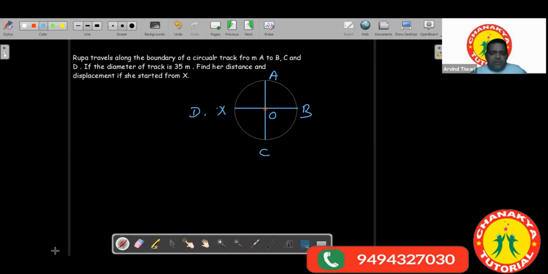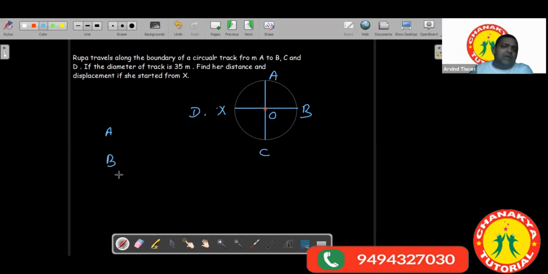If you are facing any problem, okay, Pranav, no issues. Find out. You have been given the diameter. She starts from X, travels to A, then B, then C, then D. So find her distance and displacement at every point. At every point means when she is at A, what is her distance and displacement?